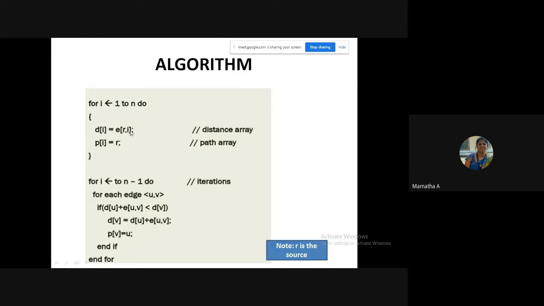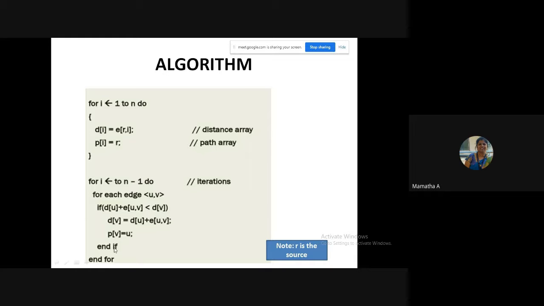Either way you can initialize it, not a problem. Then repeat n minus 1 times, for each edge u comma v: if d v is greater than d u plus e u v, then d v is updated as d u plus e u v, and update p v also. End for.